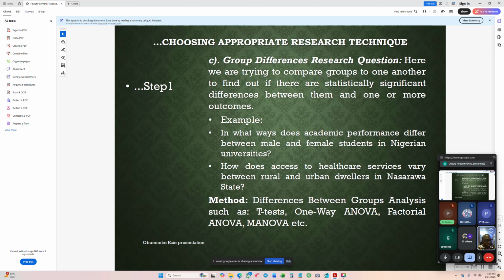The t-test is usually used when you have just two groups. But when you have more than two groups, you'll be looking at methods such as ANOVA, factorial ANOVA or MANOVA, where you have multiple groups at the same time. These are the research techniques that tackle these kinds of research questions, as the case may be.